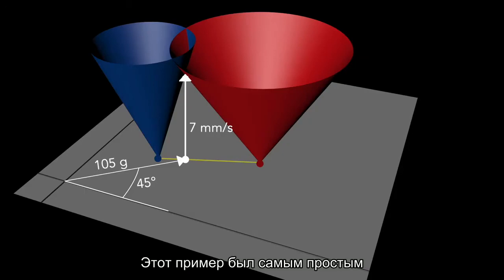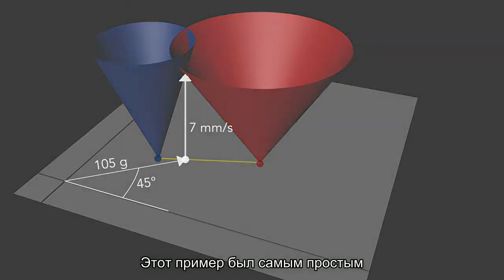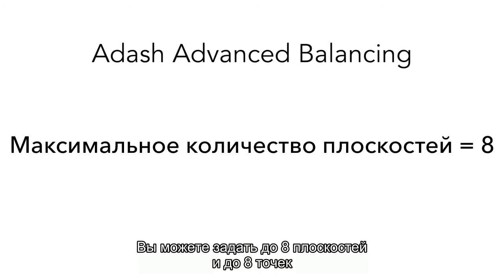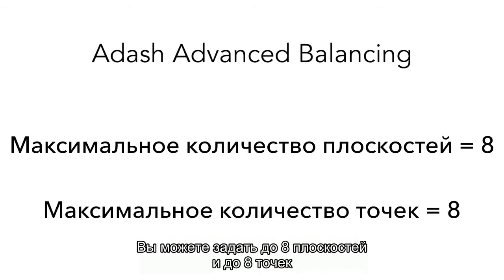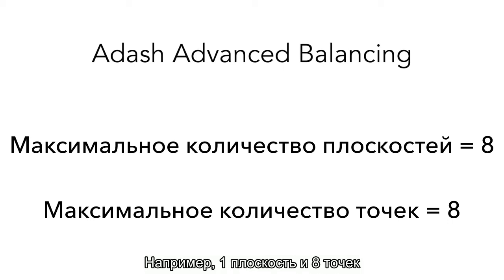This example was the simplest example. You can define up to 8 planes and up to 8 points. For example, 1 plane and 4 points, or 1 plane and 8 points, or 4 planes and 8 points, etc.